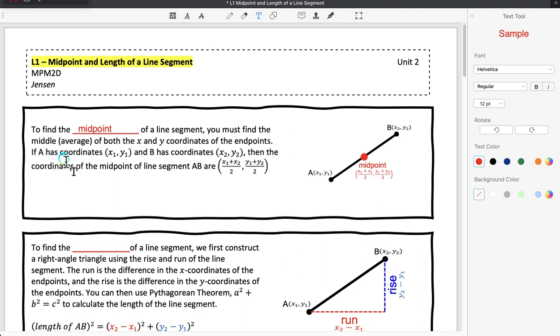If A has coordinates x1, y1, and B has coordinates x2, y2, then the coordinates of the midpoint of the line segment AB are x1 plus x2 divided by 2, while the y coordinate is y1 plus y2 divided by 2. As we can see here, this is going to be A coordinates, B coordinates. The midpoint is going to be those added, divided by 2.